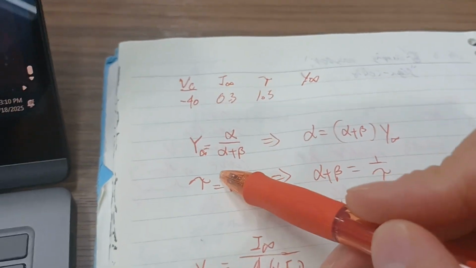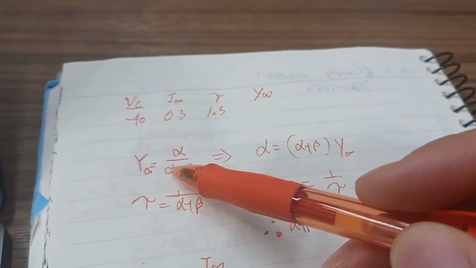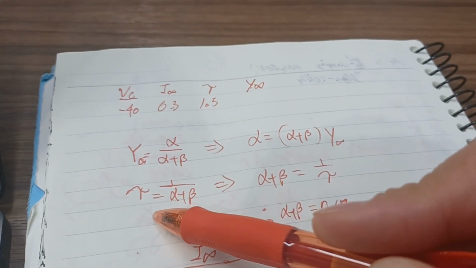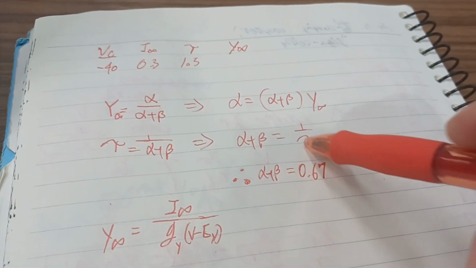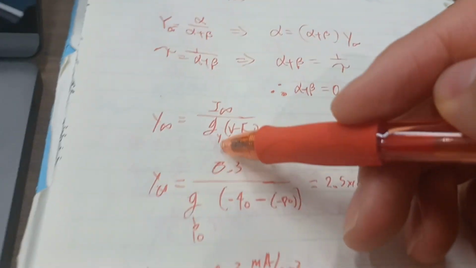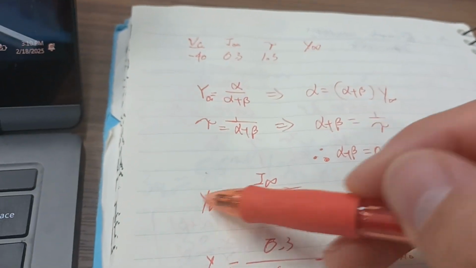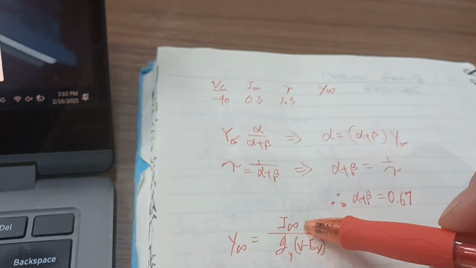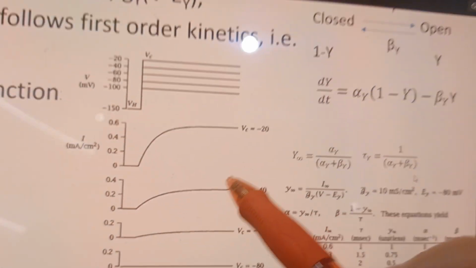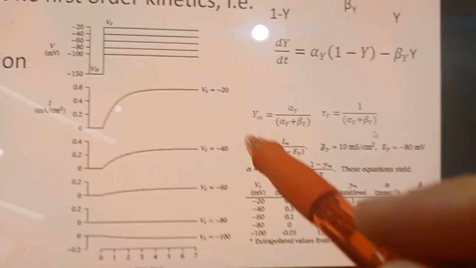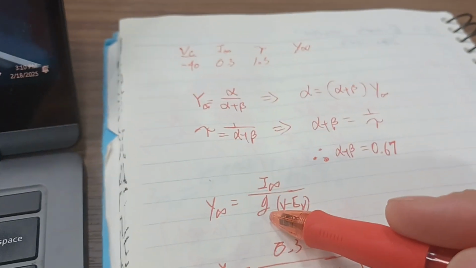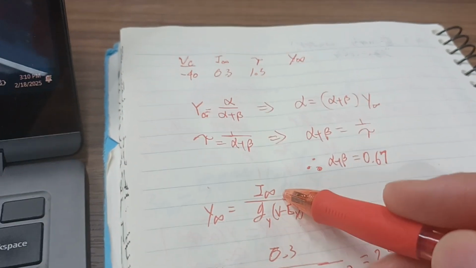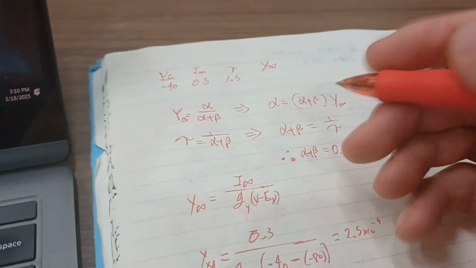So how I did it was, that's the equation, and you can rearrange it for alpha, which just goes here, and that's it. And for time constant tau, it's 1 over alpha plus beta, so that means alpha plus beta is 1 over tau. Another important equation is this one, and we need it to get going: I infinity, which we know from 0.3, the steady state current at a certain voltage, and this is conductance, which should be given in the question, and then V is the voltage of interest.